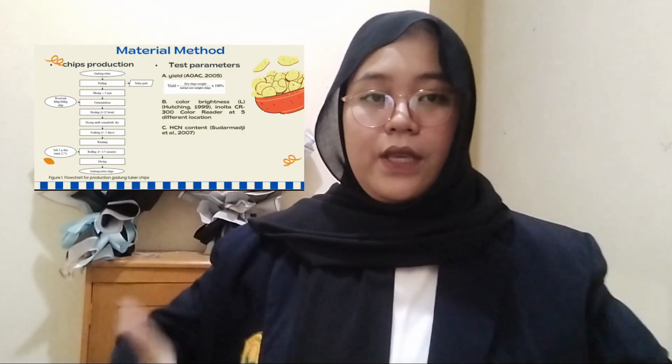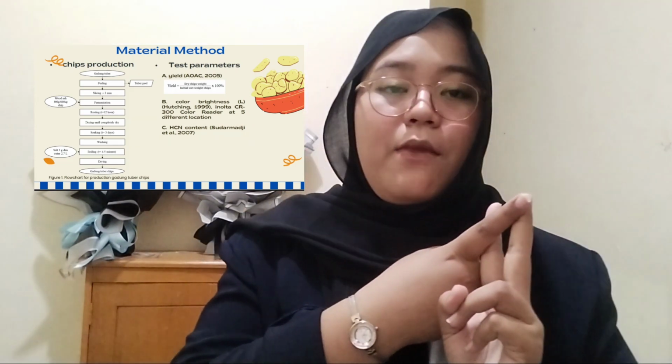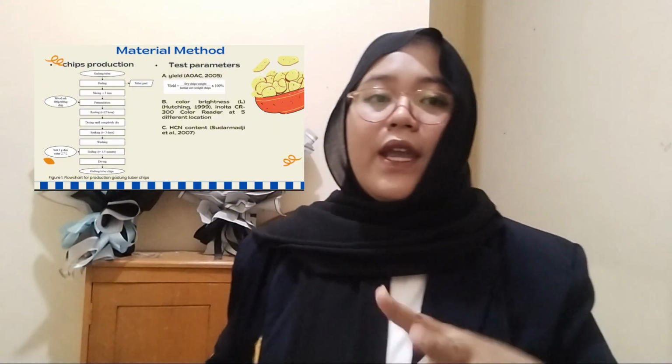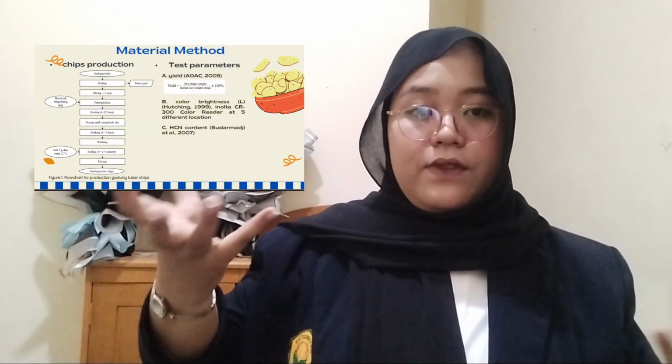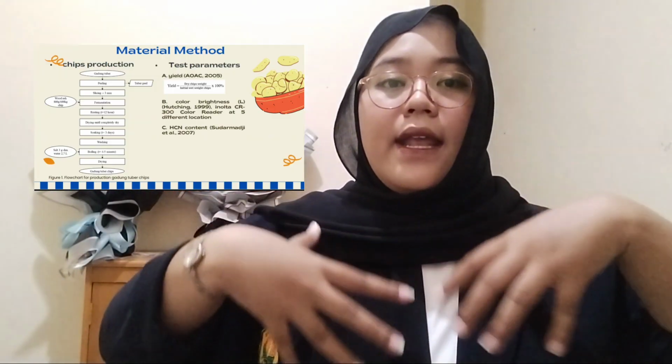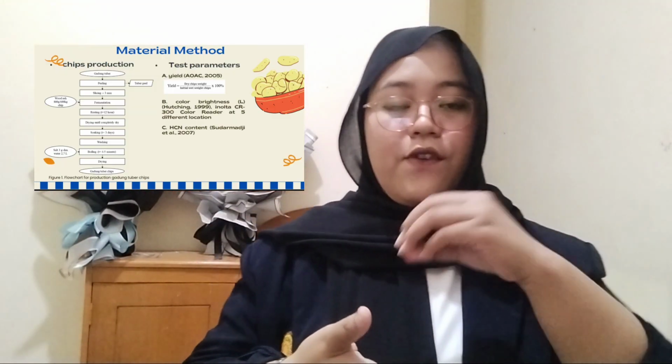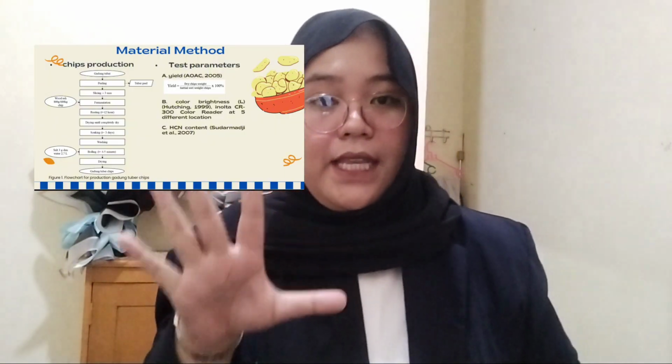The chips are cleaned with water after soaking in order to get rid of any dirt that could have stuck to them. Then for every 2 kilograms of wet chips, 2.7 liters of water and 3 grams of salt are added, and the chips are boiled for 4 to 5 minutes.